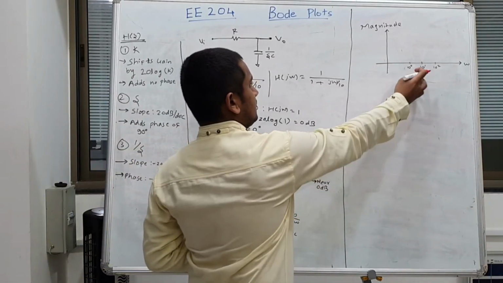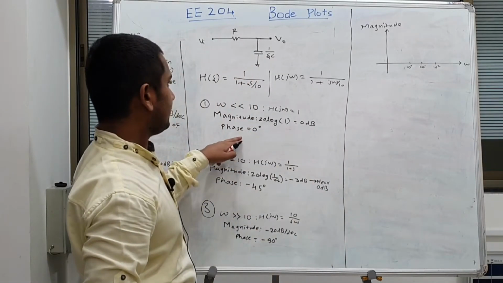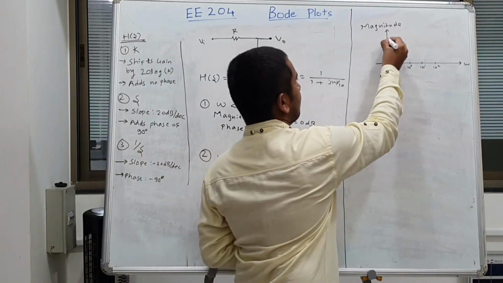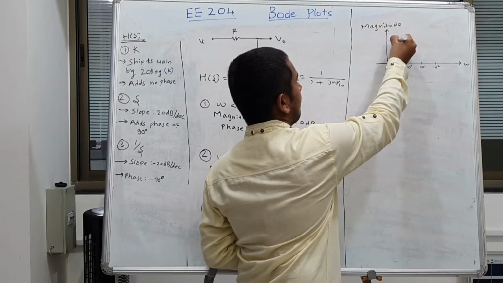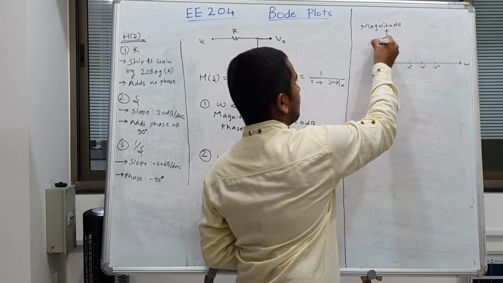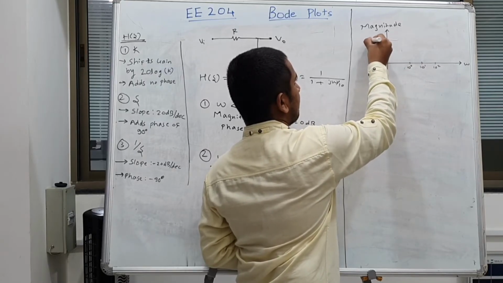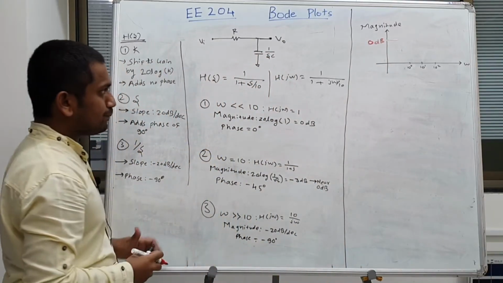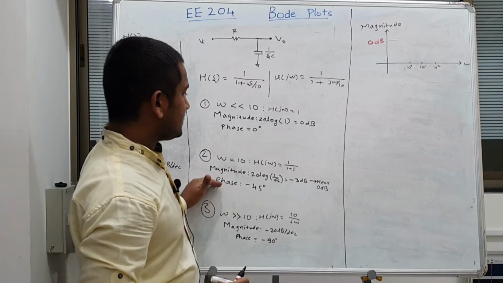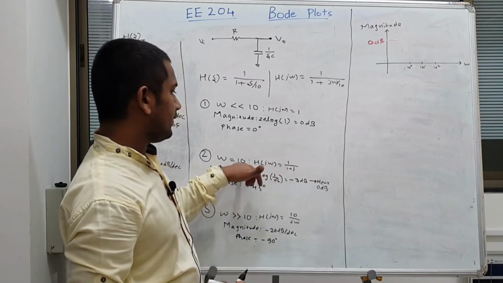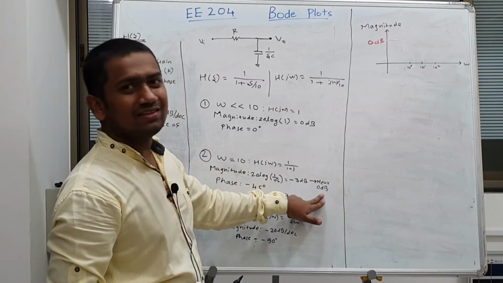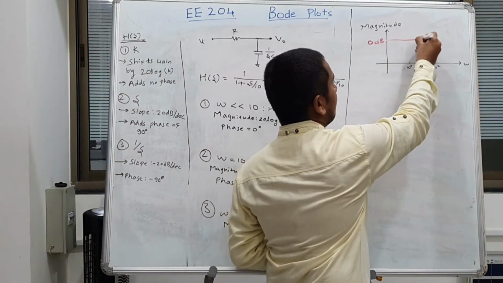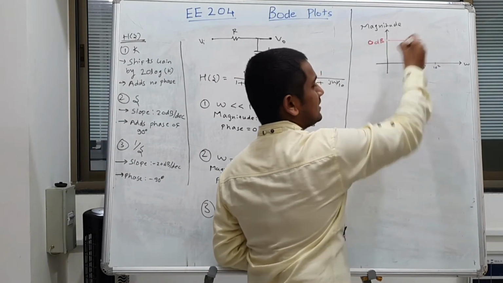At frequencies much smaller than 10, the magnitude is 0 dB. We are saying the magnitude does not change unless we reach the pole frequency. It stays near 0 dB. That's our first approximation for this asymptote.